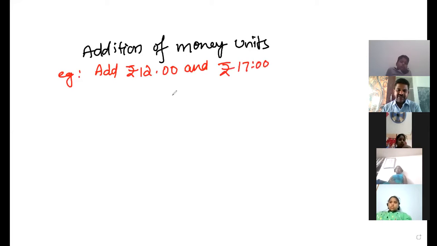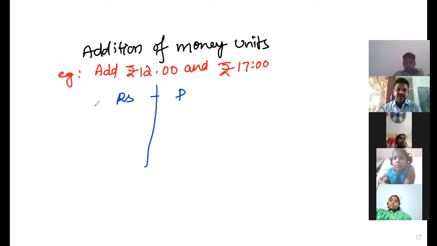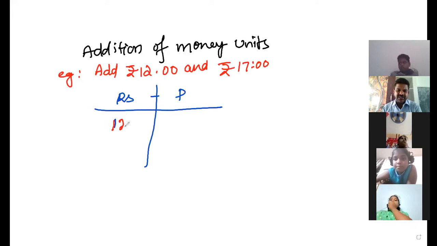Immediately I will write rupees and pies, make it 2 columns. How many rupees are here? There are 12 rupees, just write 12 rupees, and there are no pies at all. And the next one is 17 rupees.